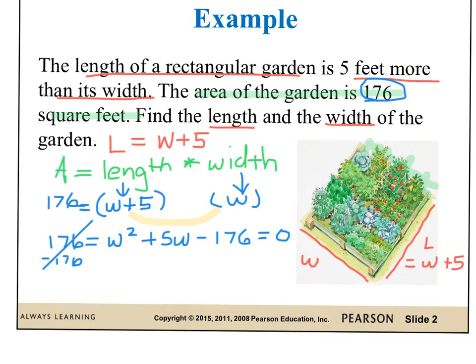And the only method we have right now for solving that quadratic equation is by factoring the quadratic expression. And so our product that we're going to have to figure out factors for, since the coefficient of W squared is 1, then A is 1 and C is negative 176, which gives us negative 176.